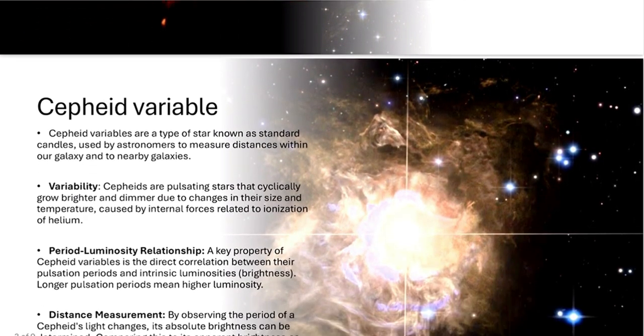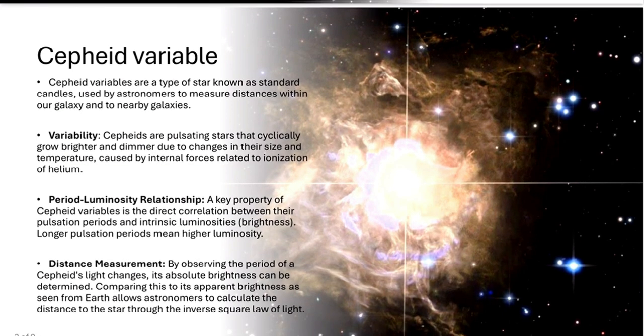The first type of standard candle is the Cepheid variable. A Cepheid variable is a star that is going brighter and dimmer in a periodic manner.